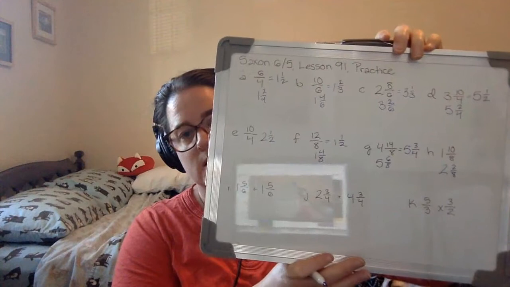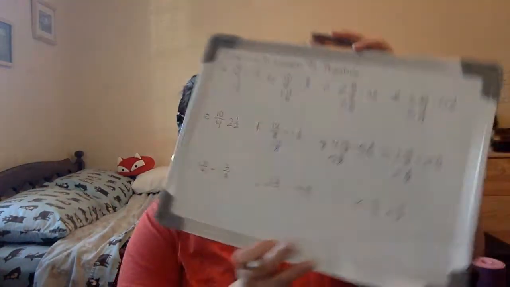And then we have 1 and 10/8. 10/8 is going to be 1 and 2/8. We add our 1 that we already have, and we get 2 and 2/8. We should reduce 2/8 to 1/4, so that 1 and 10/8 equals 2 and 1/4.